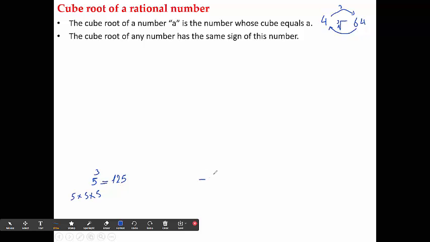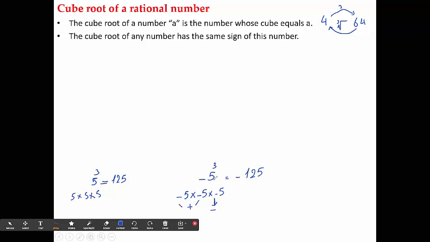But what will happen if we have negative 5 to the power 3? Negative 5 to the power 3 means that the number negative 5 is multiplied by itself 3 times. Negative 5 times negative 5 times negative 5 equals negative 125. Because negative times negative equals positive, and then positive times negative equals negative.